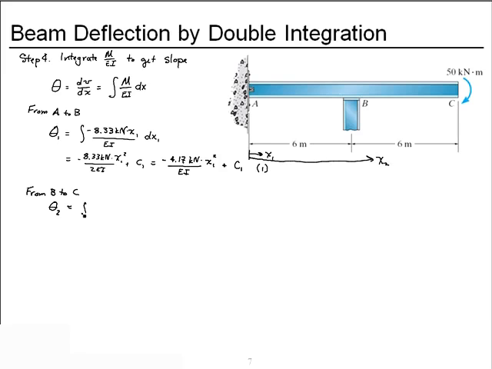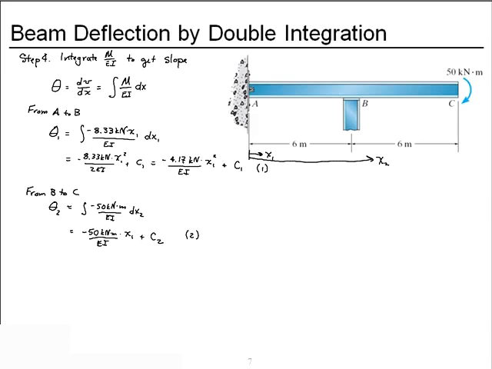We'll integrate the equation we got for moment, which was a constant, divided by the constant EI with respect to x2, which will give us a minus 50 kilonewton meter times x2 divided by the constant EI plus a new constant of integration. We'll call this one equation 2.